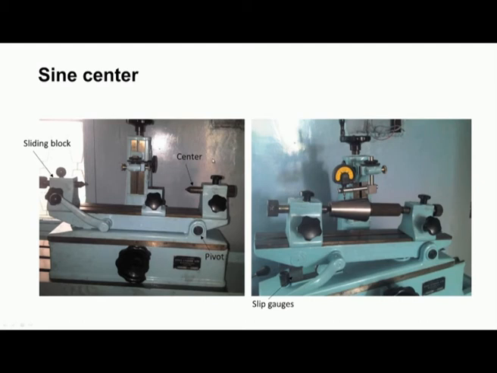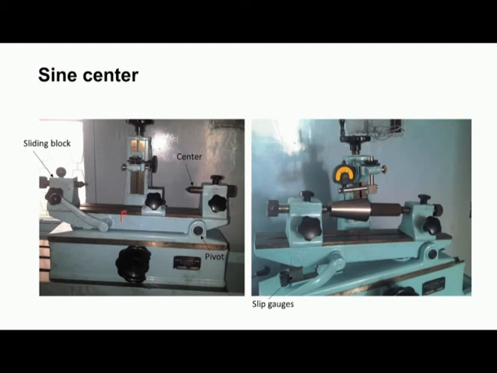Now, we can see an advanced sine center. This is the base, and then this is the sine table. It is pivoted here. Okay. So, this sine table can be tilted in this fashion.